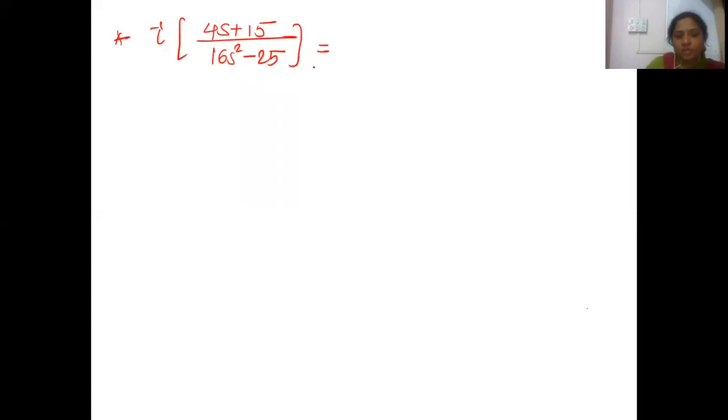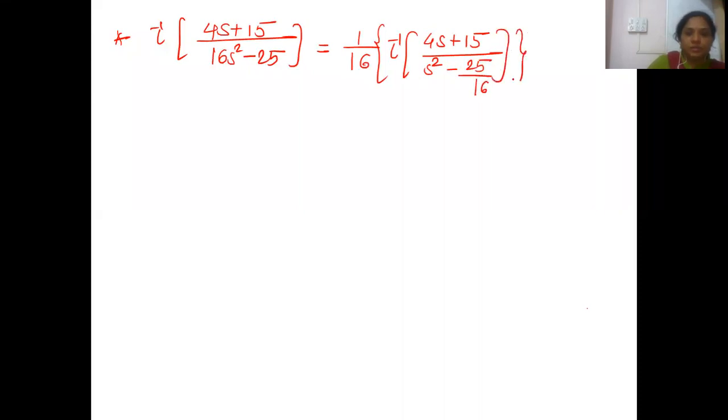What is the first step we will do? Take 1 by 16 out. Correct, 16 you will take out first. So it is Laplace inverse of (4s + 15) upon s square minus, what is the term here? 25 by 16. Very good.